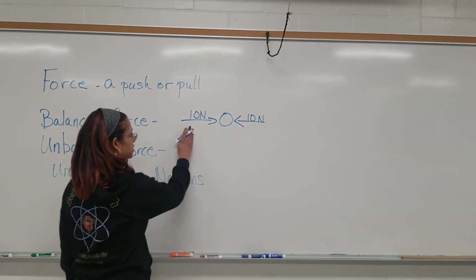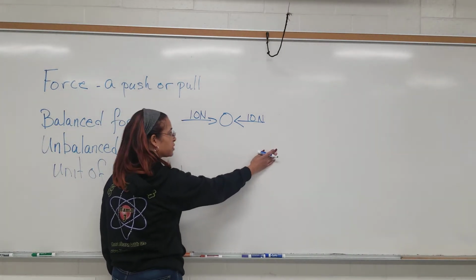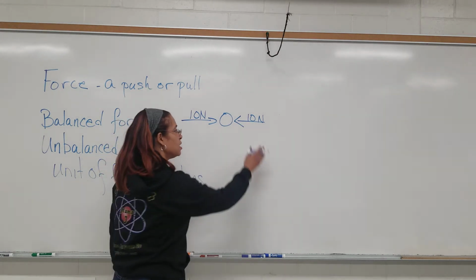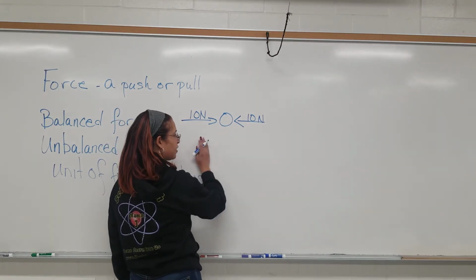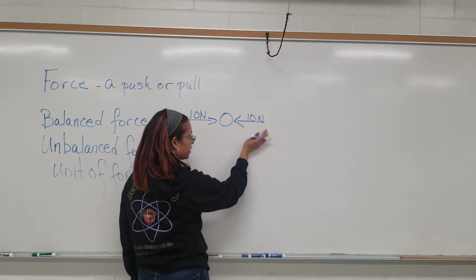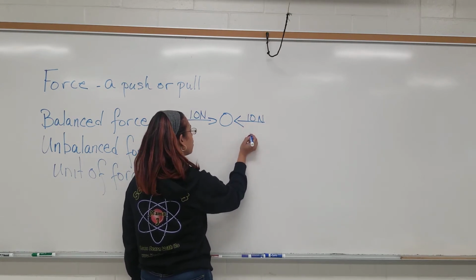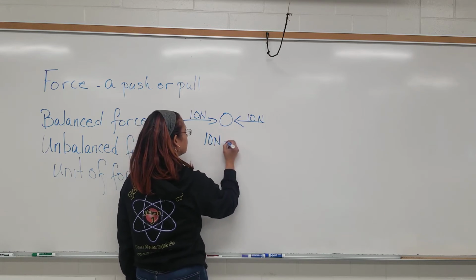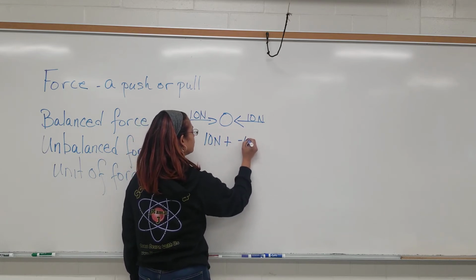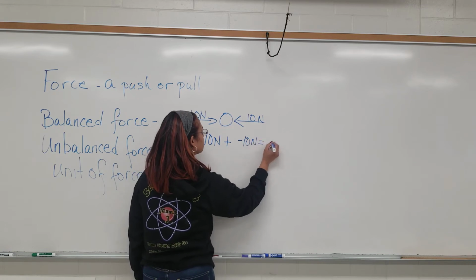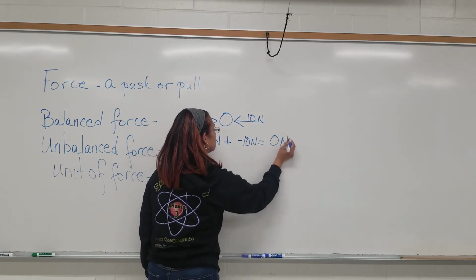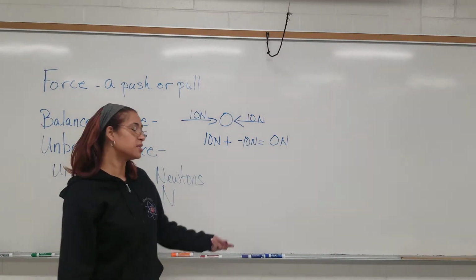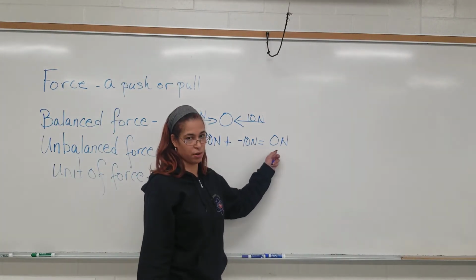So this force is going to the right, so it is moving in the positive direction. This force is moving to the left, so we're going to say it's moving in the negative direction. So this is 10 newtons plus negative 10 newtons is equal to 0 newtons. Okay, so the net force is balanced because it equals 0.